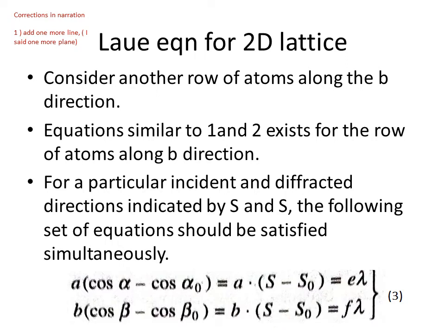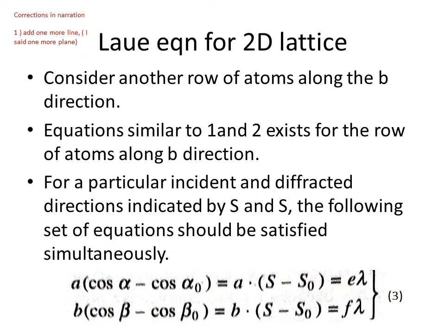So what we actually do is assume that we have a specific incident wave direction given by S0, because that is what we do in an XRD experiment. We send the X-ray waves in a particular direction, which is specified by the Bragg angle in the Bragg treatment, or by S0 in the Laue treatment.